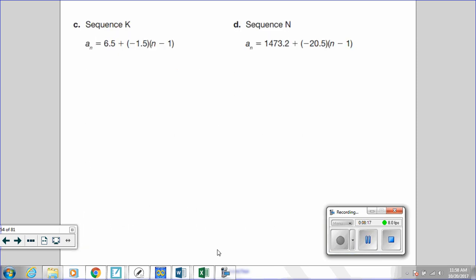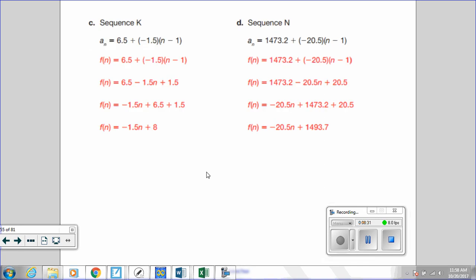Here's a couple of problems to practice with an arithmetic sequence, converting it to function notation, and the answers to check.